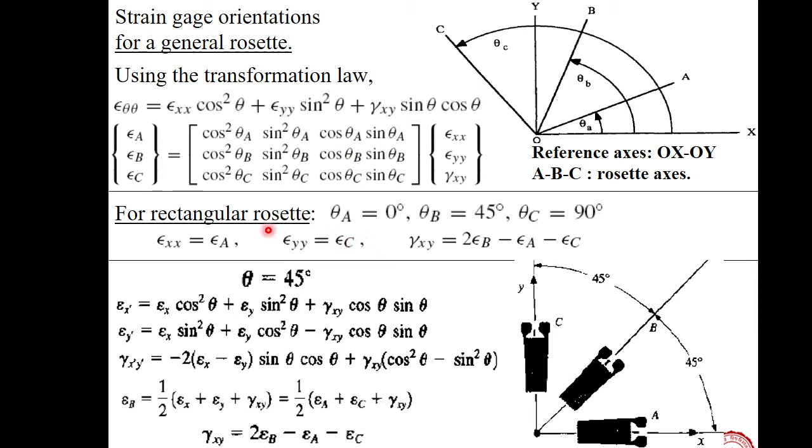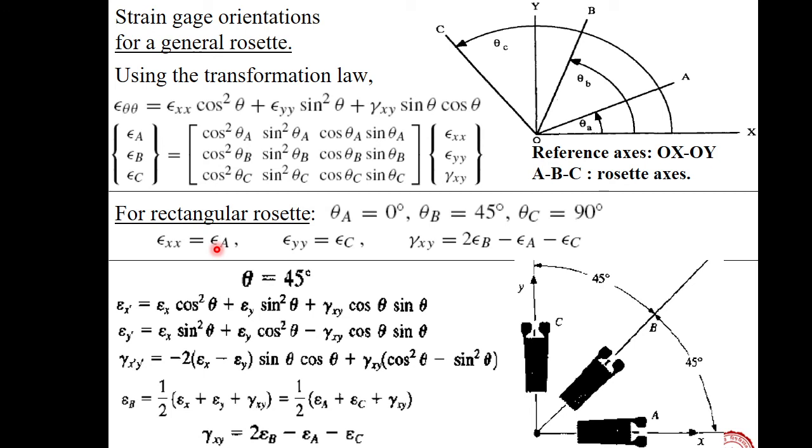This is for a rectangular rosette, and we can orient it like that. Now, if we put this in this equation, what will happen? For the last two terms, sin theta is 0, cos theta is 1, right? The last two terms are 0, so our epsilon x is epsilon A, right?